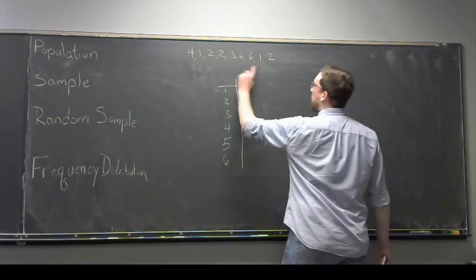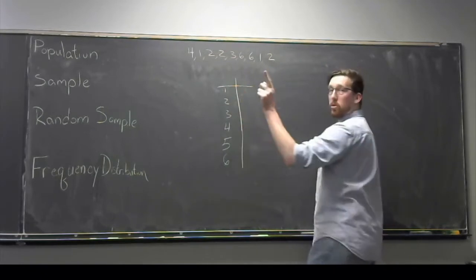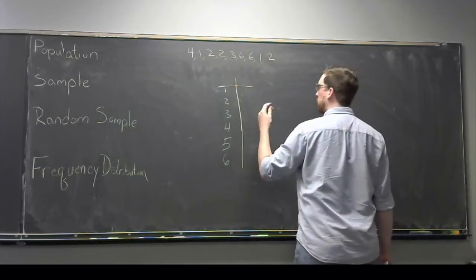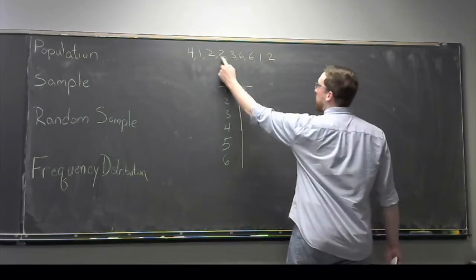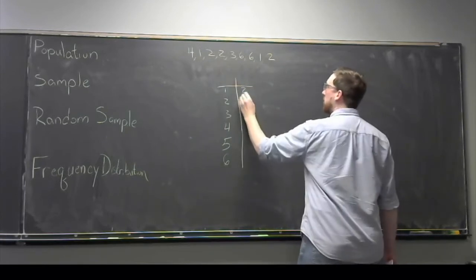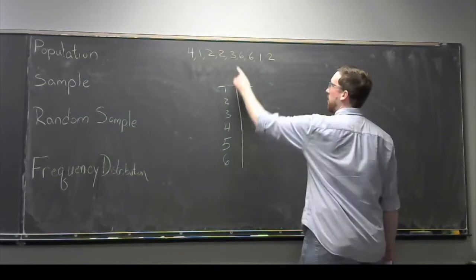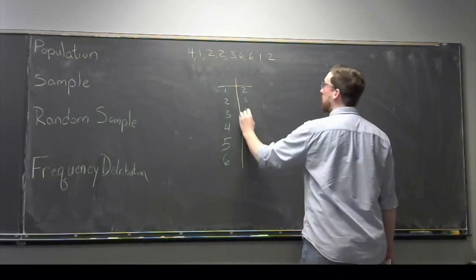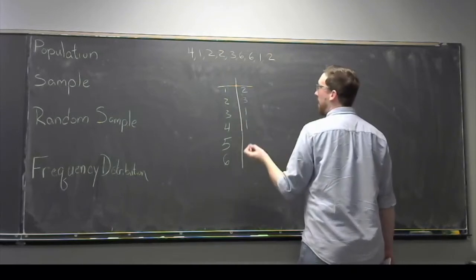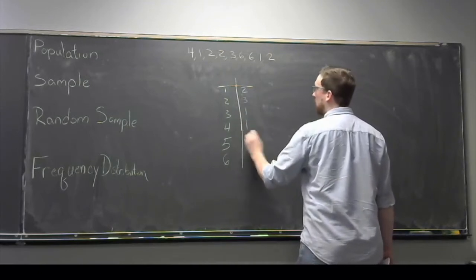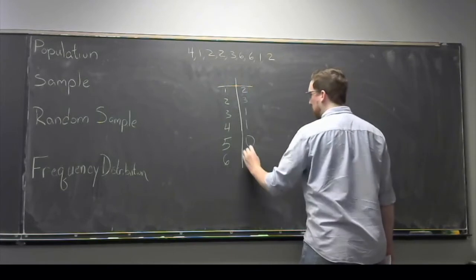In our data, the value 1 occurs twice. The value 2 occurs 3 times. The value 3 occurs once. The value 4 occurs once. 5 never occurs. And 6 occurs twice.